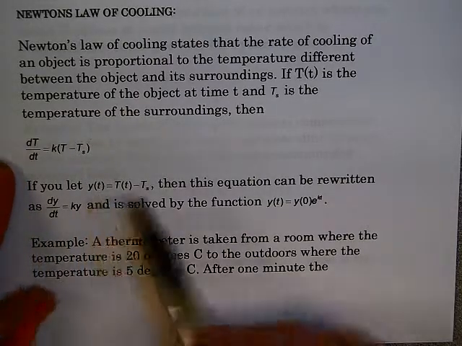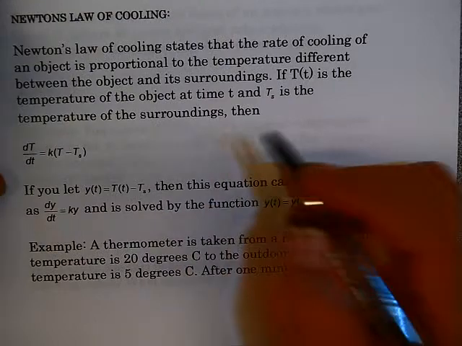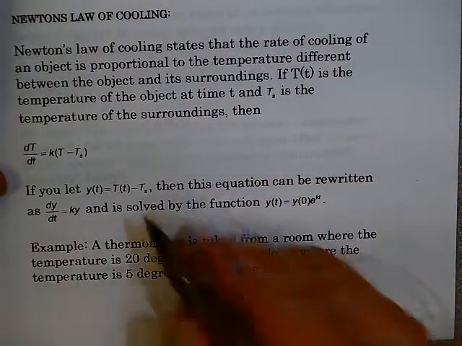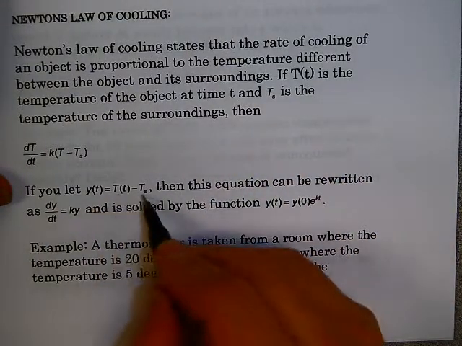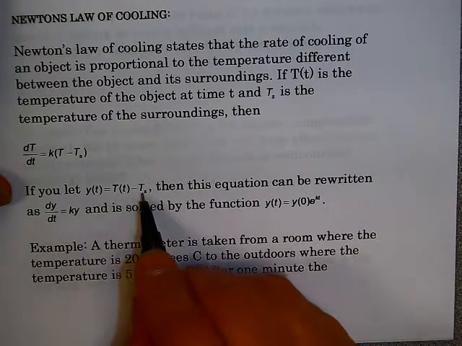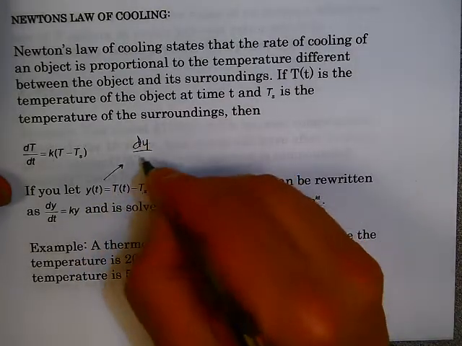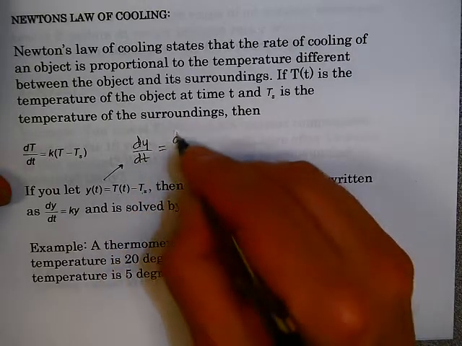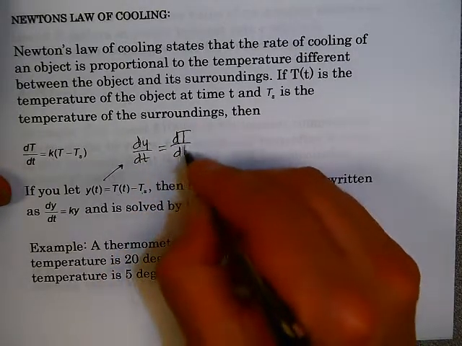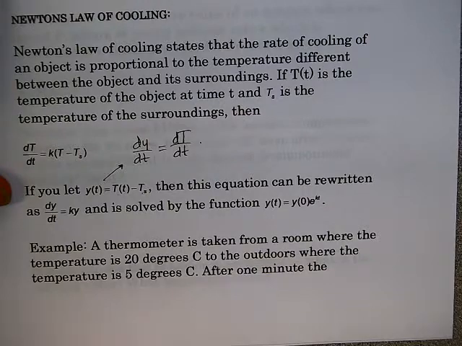Now, if you let y of t equal T of t minus T sub s, since T sub s is a constant, this tells you that dy/dt equals dT/dt minus 0.